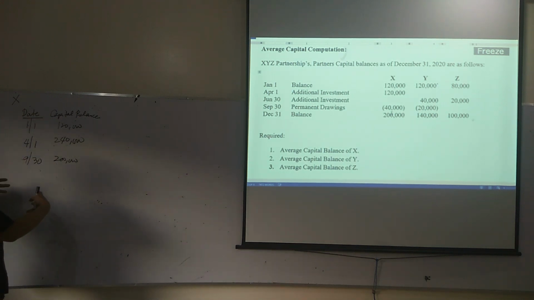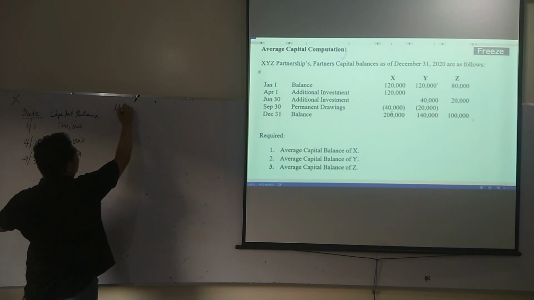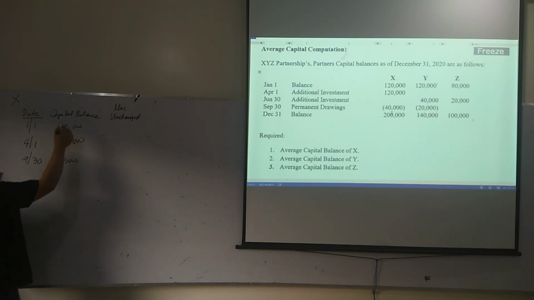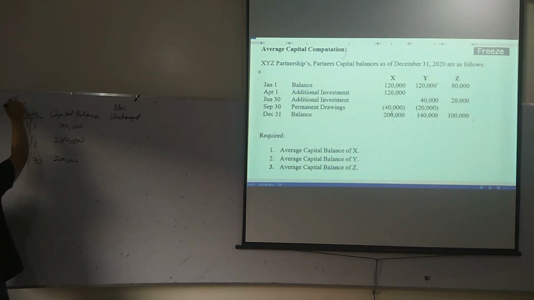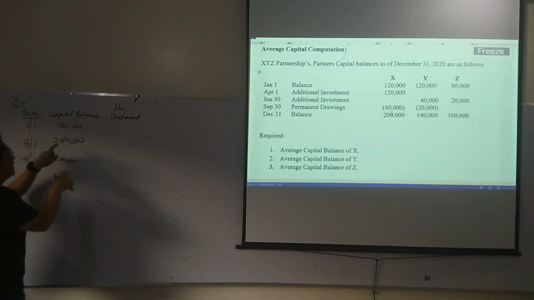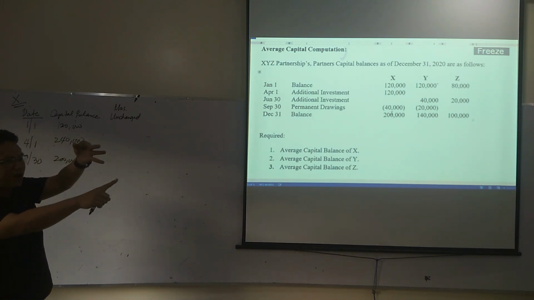Then you provide a column for months unchanged. Meaning, for how long X's capital is 120,000. So his capital is 120 for January, February, March.